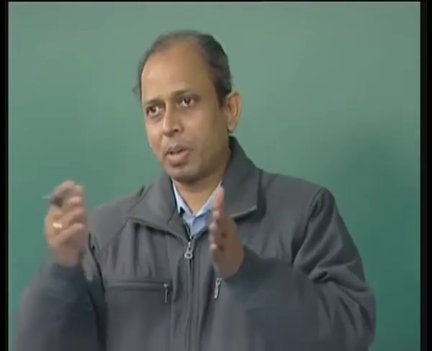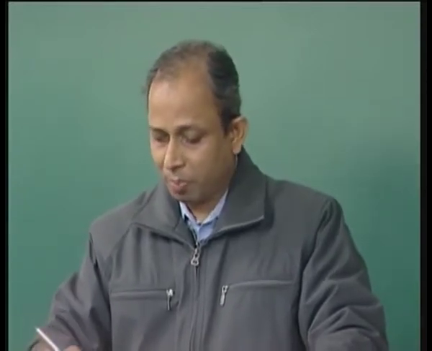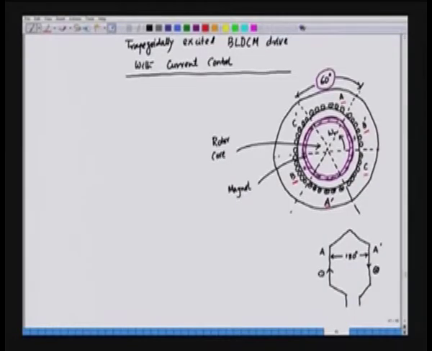They are shifted by one pole pitch, that is 180 degrees electrical, and if one of them is carrying dot current, the other one will carry the return current, that is the cross current. Similarly, we have phase C. Phase C is shifted from phase B by 120 degrees, and phase C has C and C prime, C for one side of the turn and C prime for the other side. So, this is how the windings are distributed.